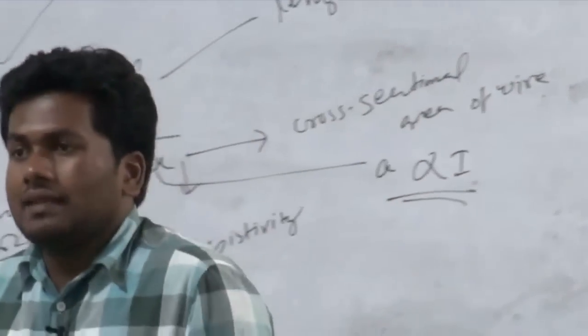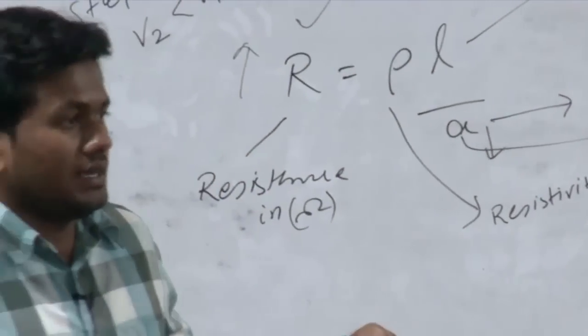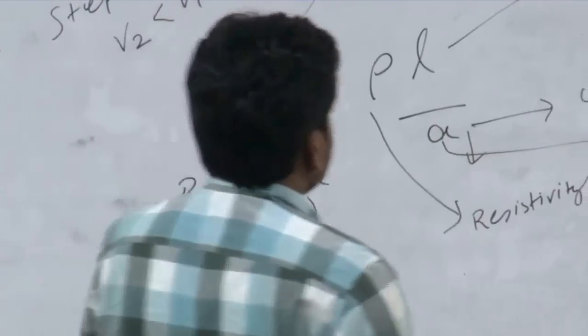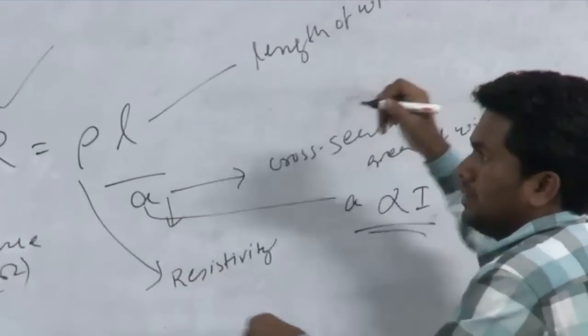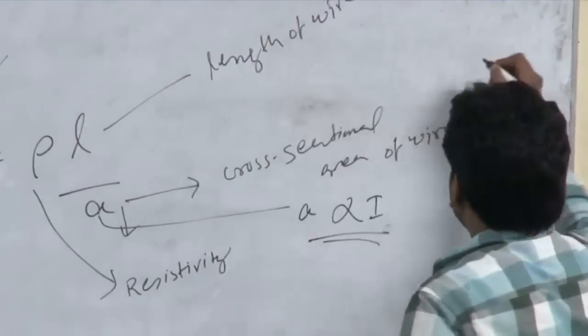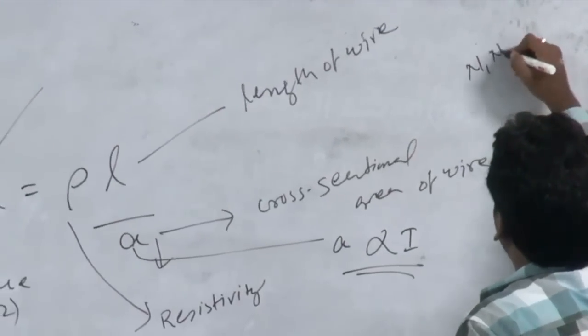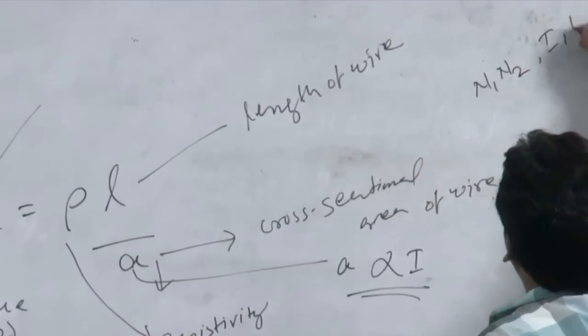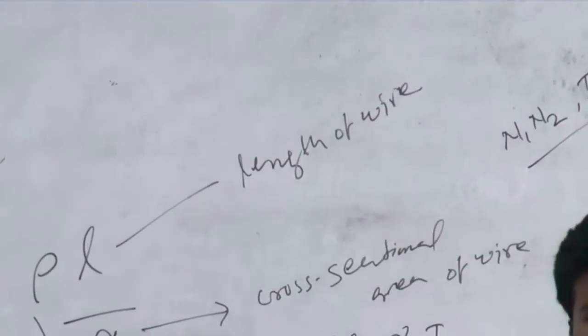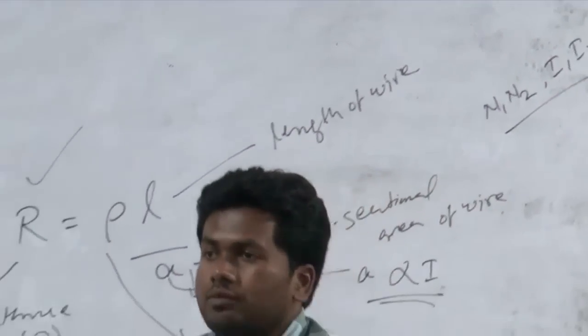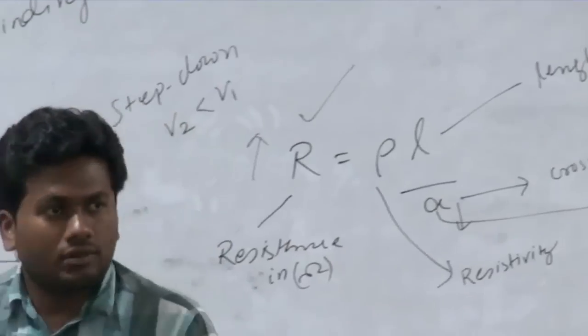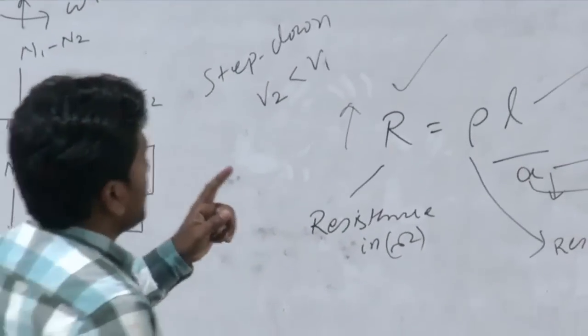The weight of the copper also depends upon the length of wire and cross sectional area of the wire. So the production of MMF we have to count here, that is N1, N2, I1 and I2. How the saving of copper is going to occur in the case of auto transformer, that we have to find out here.